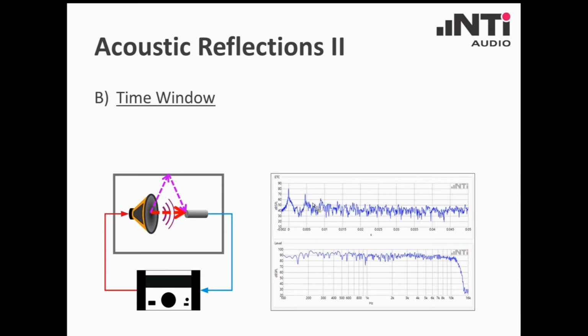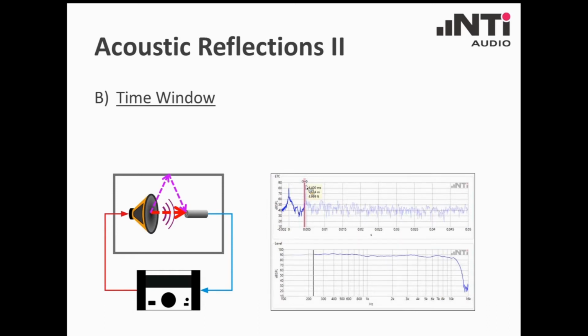By cutting off this part on the time axis, as you can see, this line tells me that everything behind this line is ignored. I all of a sudden get a very smooth and very nice frequency response. And, very important, this curve is absolutely correct. It's not like the smoothing I showed you on the slide before. This is the exact behavior of the device under test.